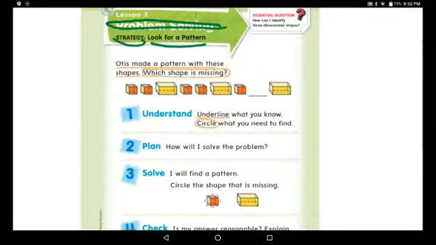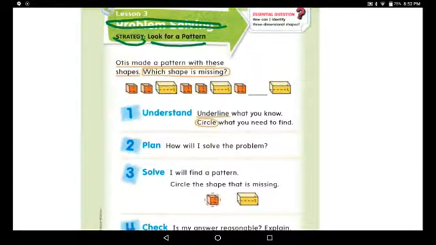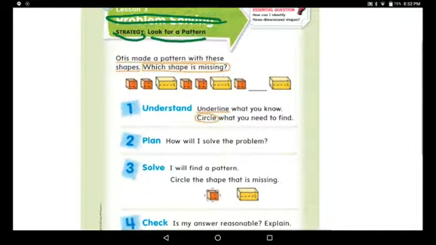Okay, let us start with the first word problem. Otis made a pattern with these shapes. Which shape is missing? The teacher did not tell us first what the meaning of pattern is. A pattern is like when you use the same order, let's say, of the family names. I'm going to use daddy, mommy, and baby.